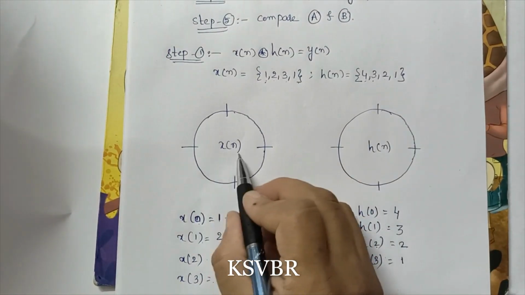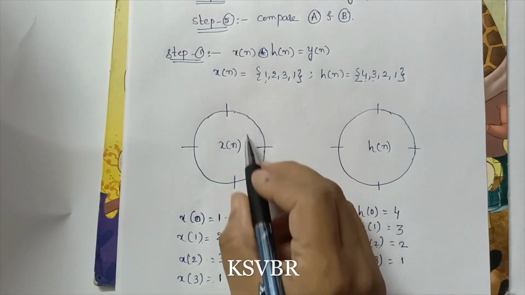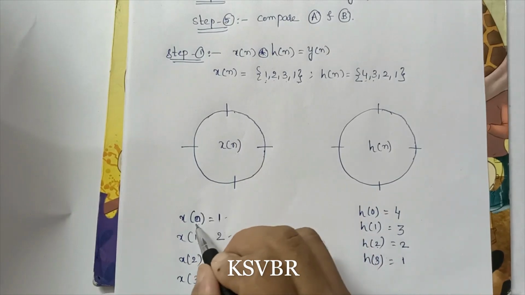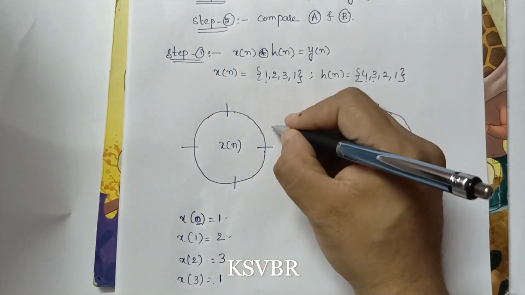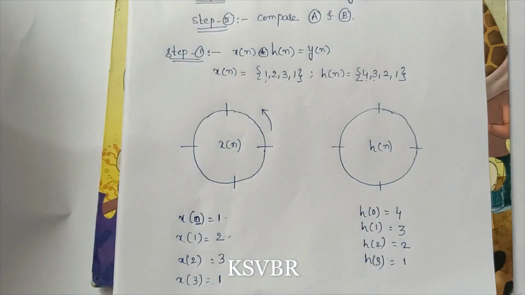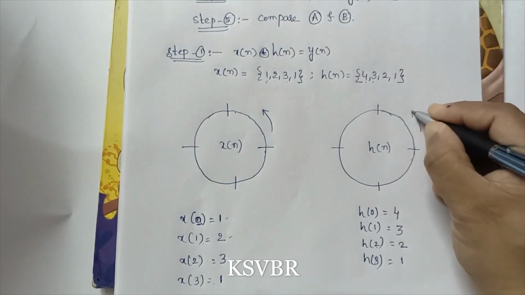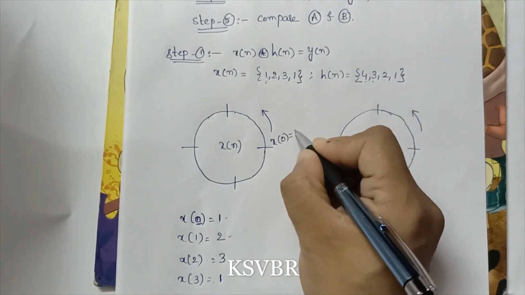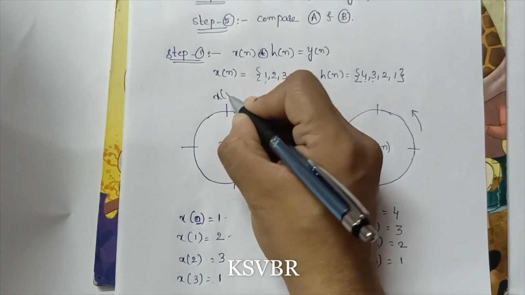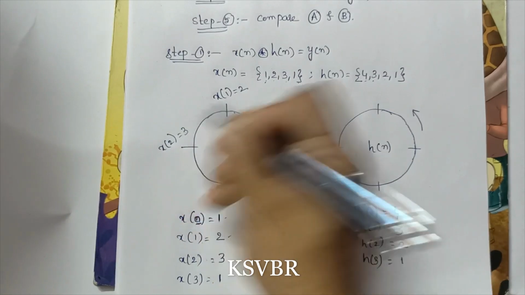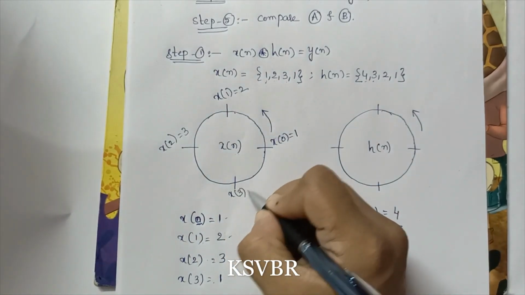We have to divide it into 4 parts. From where x of 0 starts, we have to choose a direction, either anti-clockwise or clockwise. Here I am choosing the anti-clockwise direction for both x of n and h of n. So this is the x of 0th sample, x of 1, x of 2, x of 3.